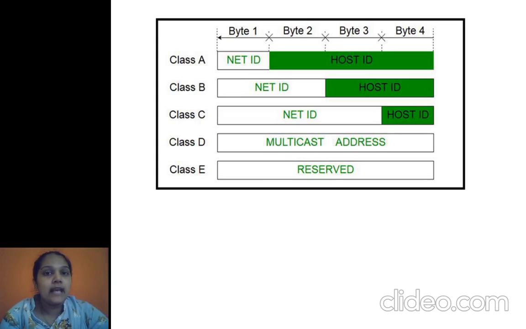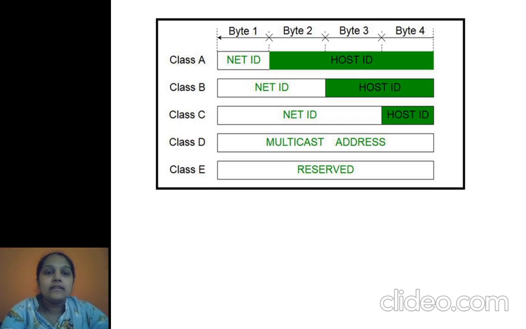Similarly, class C has 3 bytes for net ID and 1 byte for host ID. Like that, the division is made for the 32 bits of the IP address, and D and E are reserved for multicast and experimental purposes.